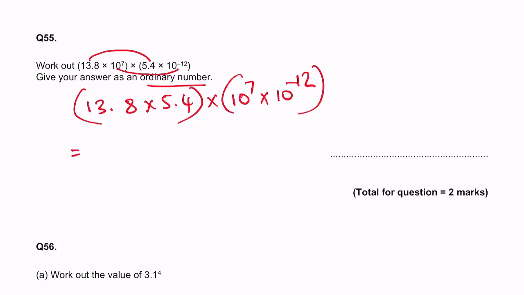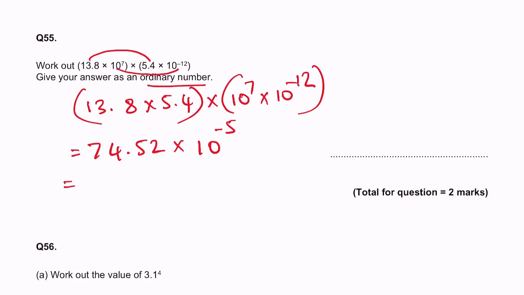So let's work out the first bit. 13.8 times by 5.4 gives an answer of 74.52, times by 10 to the power 7 take away 12, which is 10 to the power of minus 5.